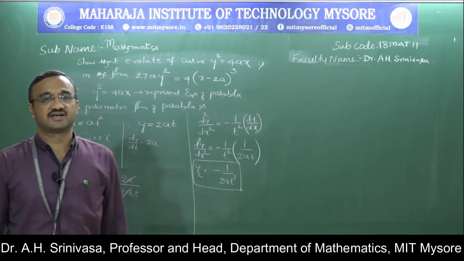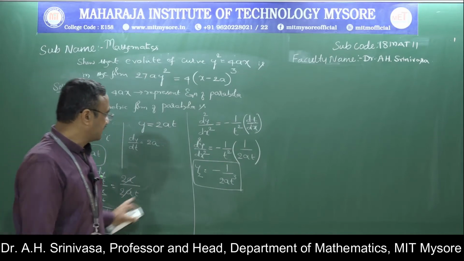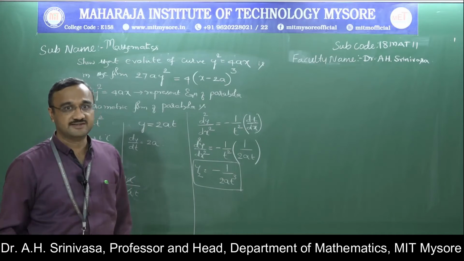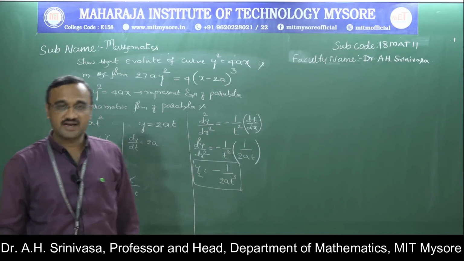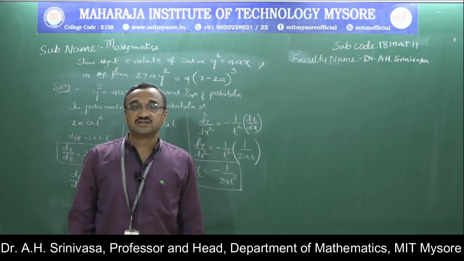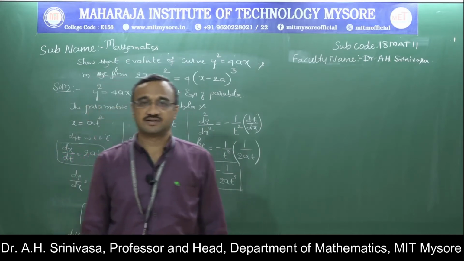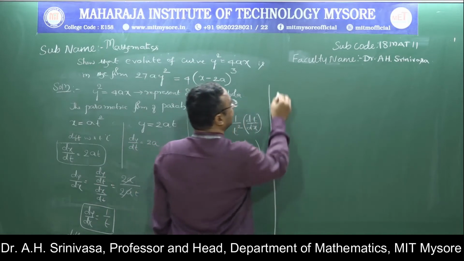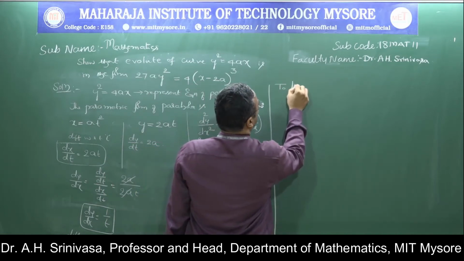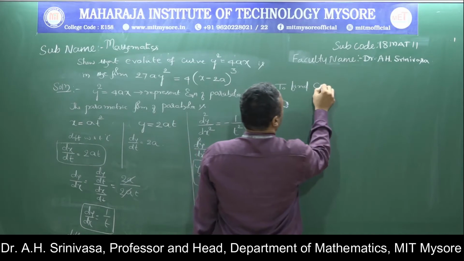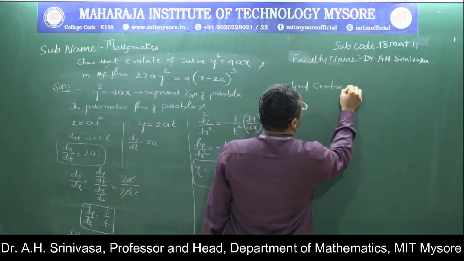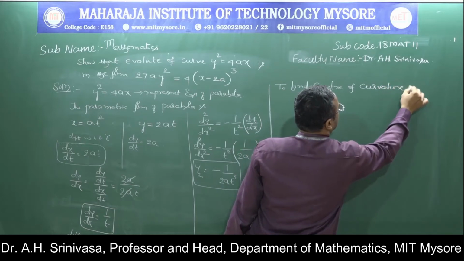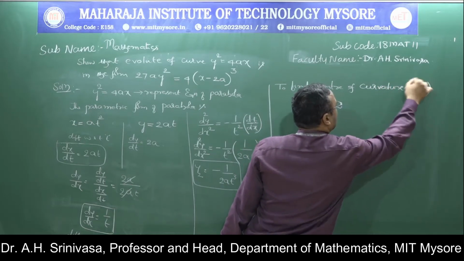What is the next procedure? After finding y1 and y2, I move to working procedure number 3, which is to find the center of curvature, that is x bar comma y bar.